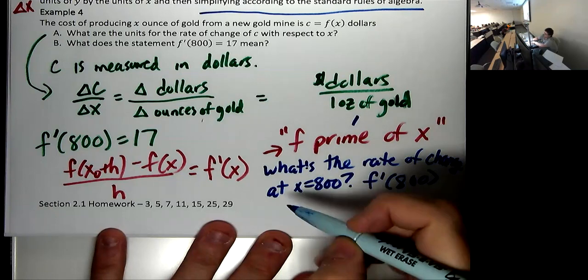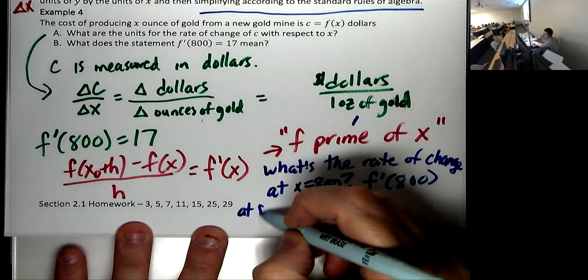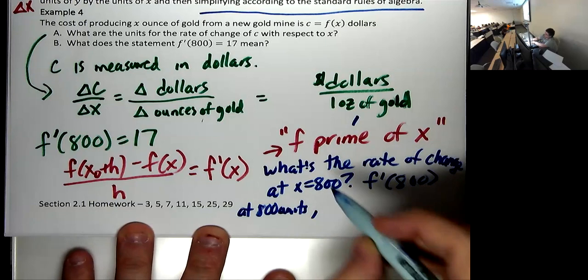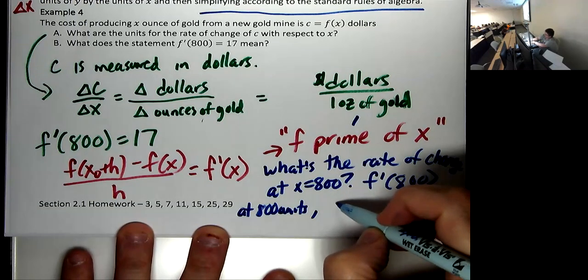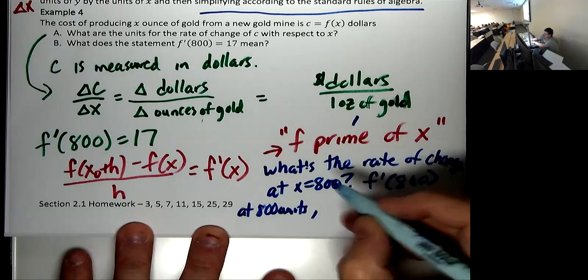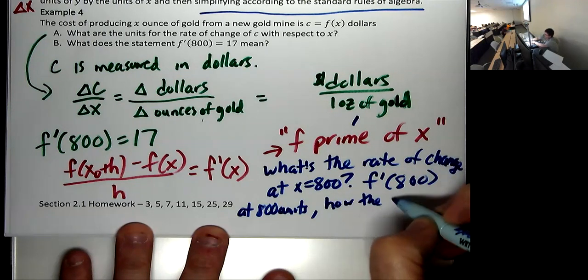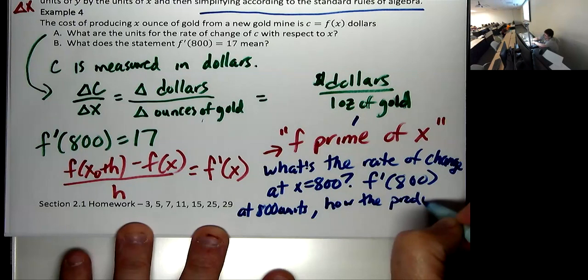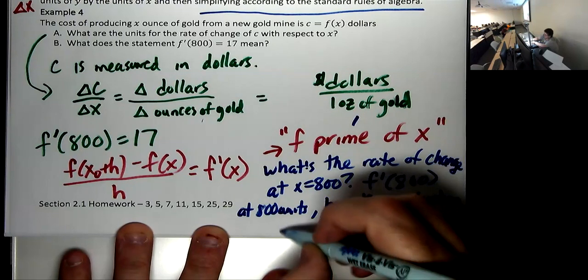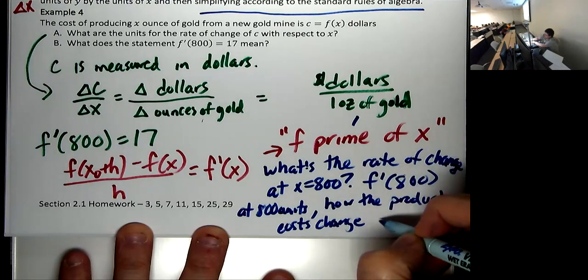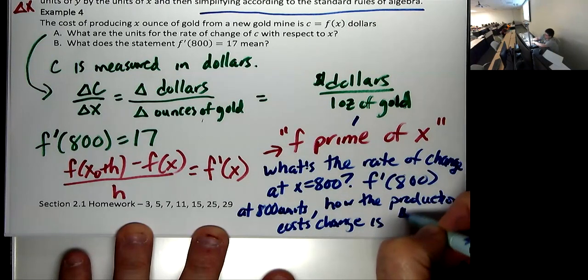So this means at 800 units, how the production costs change is $17 for the next ounce.